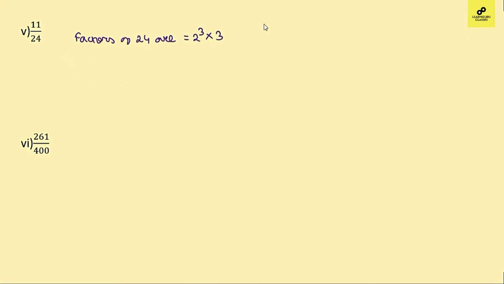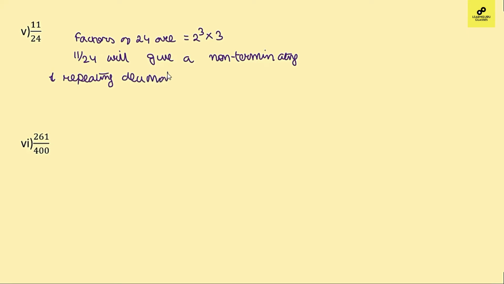Now, since it is not in the form of 2 to the power of n into 5 to the power of n, so 11 by 24 will give a non-terminating and repeating decimal expansion. Okay, now find out the equivalent decimal expansion.